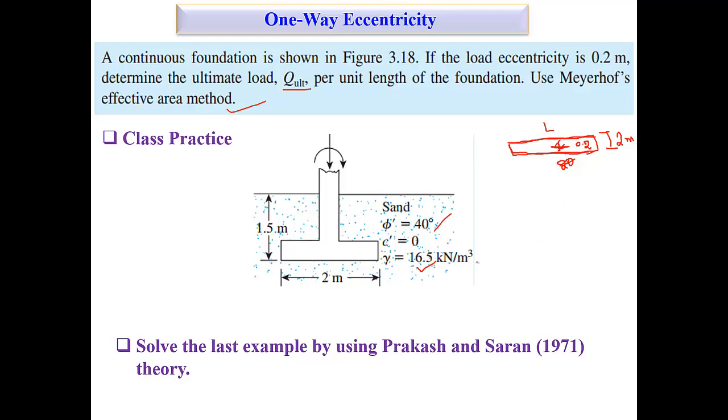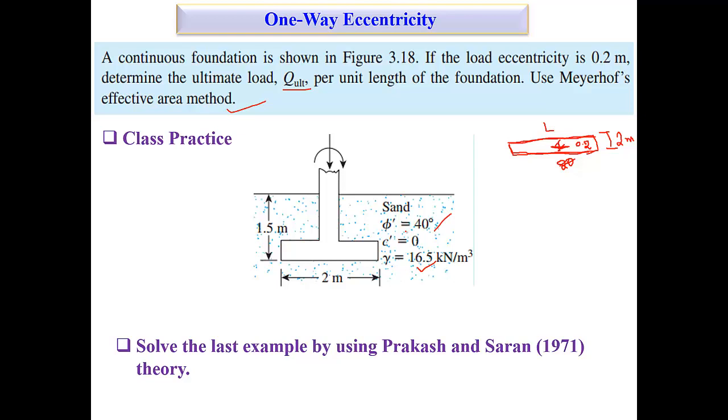So this is the scenario, and other soil properties are given. Friction angle is given as 40, and cohesion is given as 0. So that means we can say it's a kind of granular soil, no cohesion, right? It's a kind of sand soil. And gamma is given as 16.5 kilonewton per meter cube.